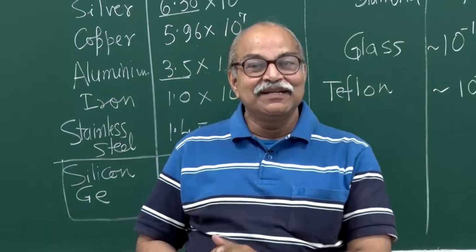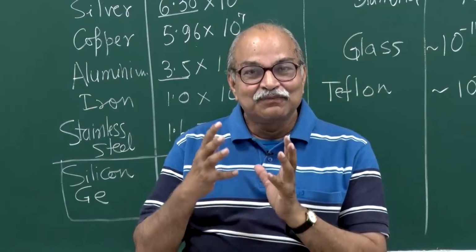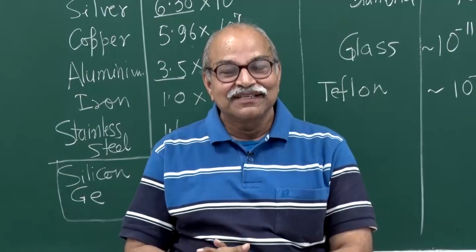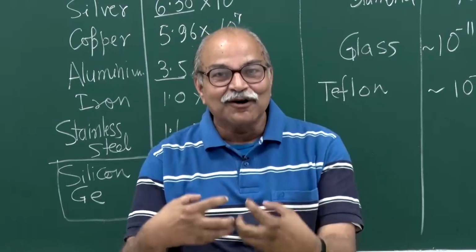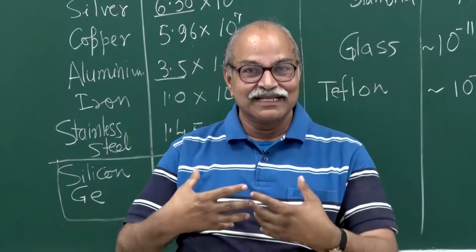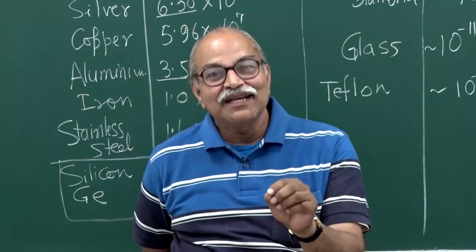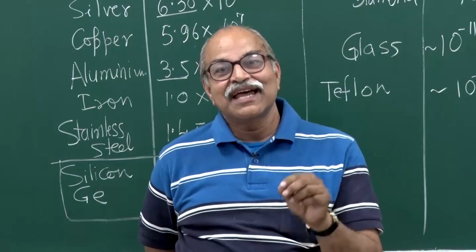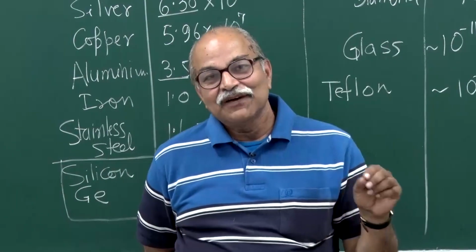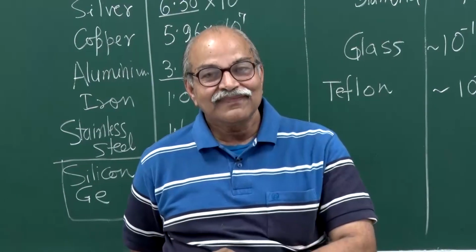And very interestingly, that behavior of electrons in the field of positive ions or electric field is not governed by the classical physics that we learn in our high school days.